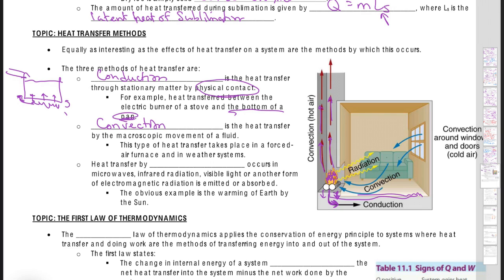The heat is going to go up out the chimney, and it's going to lose energy and cool, and then it's going to come back in. You can see over here on the side, the cold air is going to come in and create this continual loop. This continual loop is what we call a convection current.